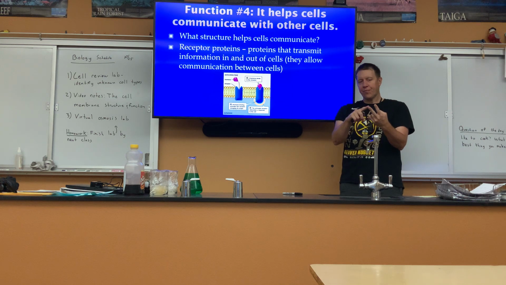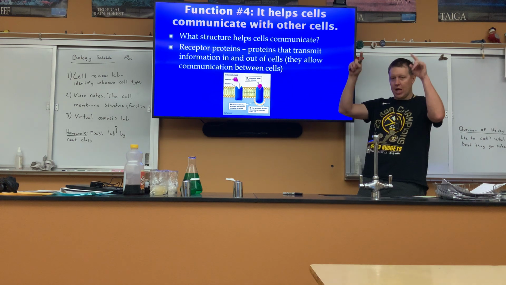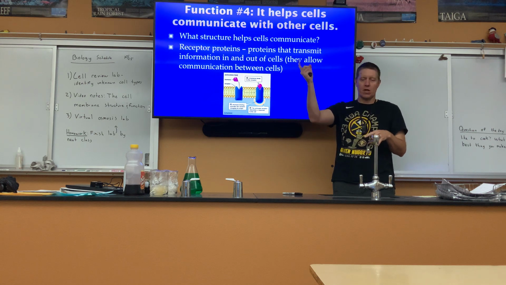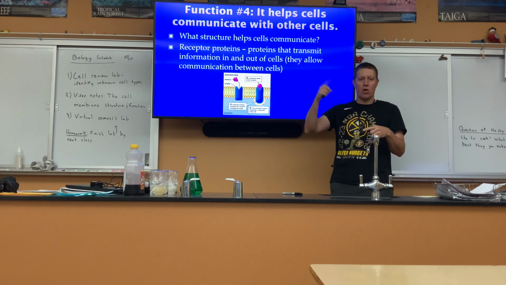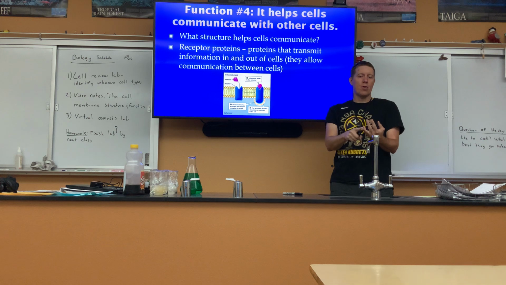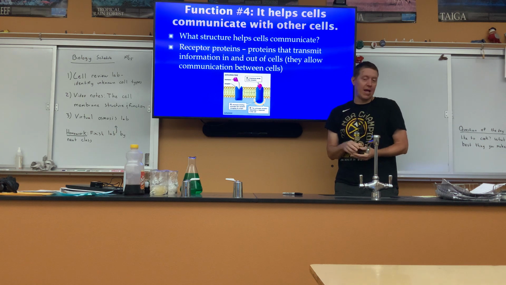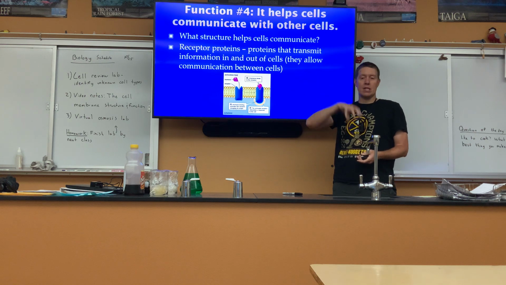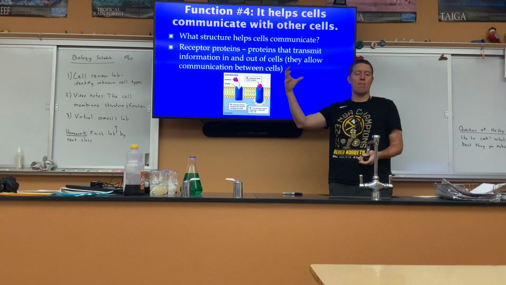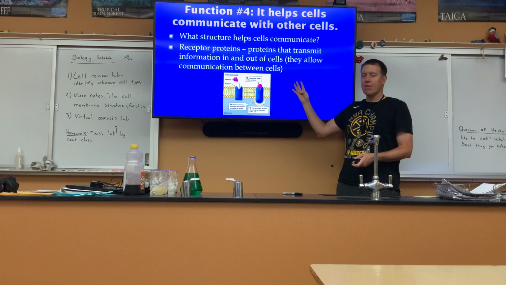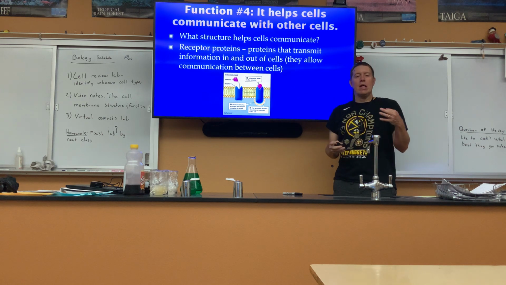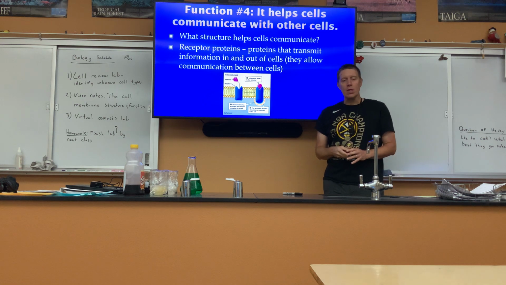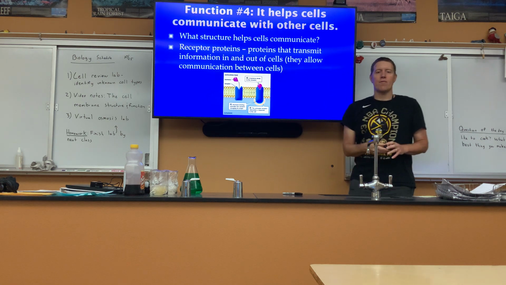Number two, it has protein channels that allow things in and out of the cell, going through osmosis and diffusion. Number three, it's the source of the cell's identification. This is how the body knows that these cells belong to you and that they're not part of a bacteria or something else. And the fourth thing, the cell membrane also allows cells to communicate with other cells. So that wraps up our notes for today.